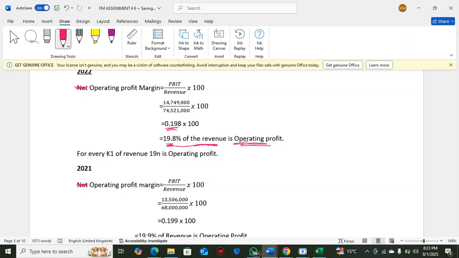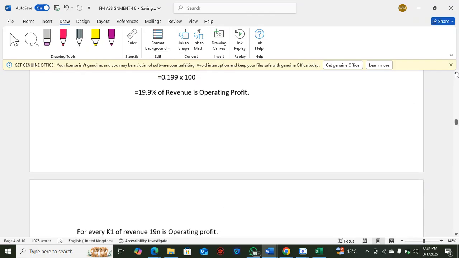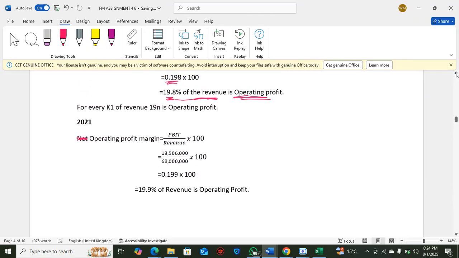Okay, operating profit margin, PBIT, 13,506,000 divided by 68 million. We get 0.199. All right. So basically, they're almost the same.